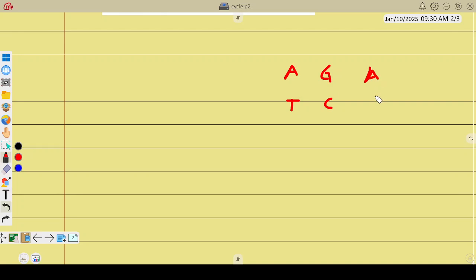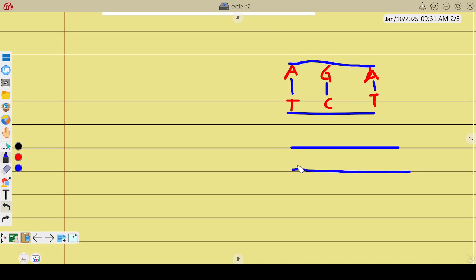Again, adenine pairs with thymine. This is more of a revision of last semester's work. The double helix comes in because of this: we have one template and another template. So this is the DNA double helix.